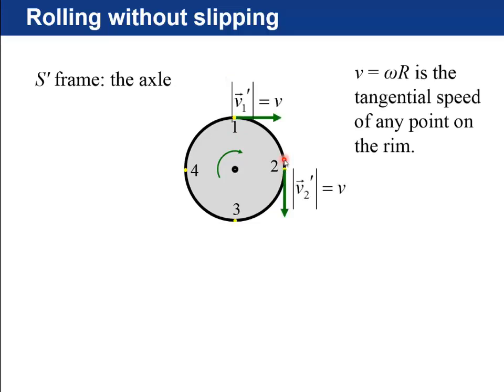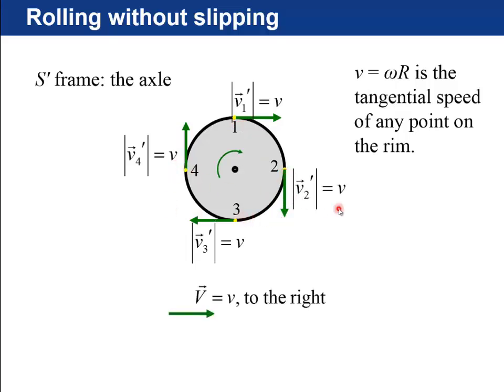What's happening is very simple. Each point is moving at a tangential velocity, omega times r, and it's going to be to the right at the top. On the right side, point 2 is moving down, 3 will be moving to the left, and 4 will be moving up.